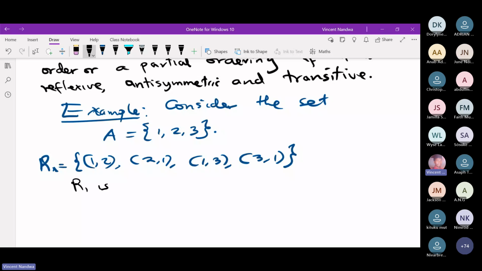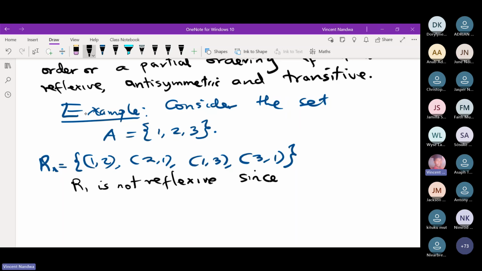What is the reason? There is no 1, 1, it's not 2, 2, it's not 3, 3. What makes R1 not to be reflexive? 1, 1, 2, 2, and 3, 3 are lacking, okay?